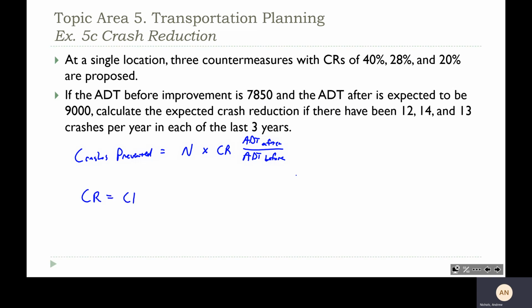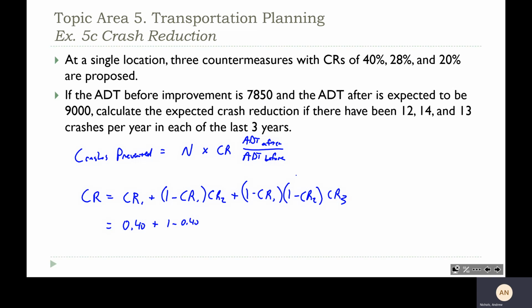So it's CR1 plus (1 minus CR1) times CR2 plus (1 minus CR1) times (1 minus CR2) times CR3. So we have 3 crash reduction factors. So we got 0.40 plus (1 minus 0.40) times 0.28 plus (1 minus 0.40) times (1 minus 0.28) times 0.20.